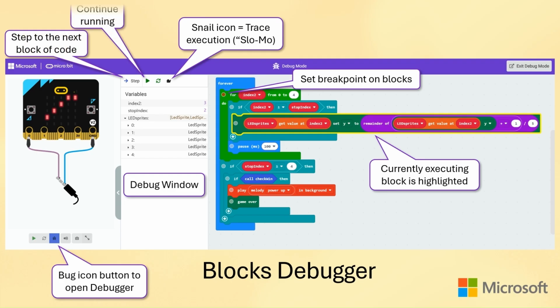These buttons at the top of the debug window allow you to step to the next block of code and continue running until you hit the next breakpoint or restart your program. And then you can exit debug mode by pressing the button in the upper right corner.